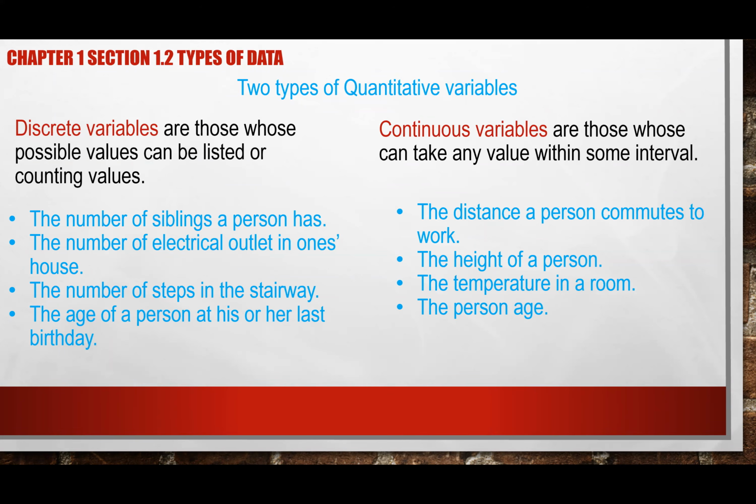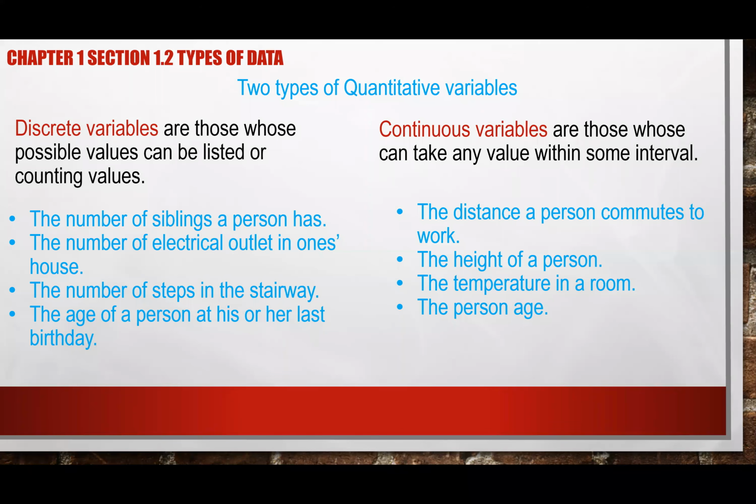So when the amount of something, you can only count in terms of a fixed number, in terms of 0, 1, 2, 3, 4, 5, then it will be discrete. Discrete means a whole number or counting number, right?